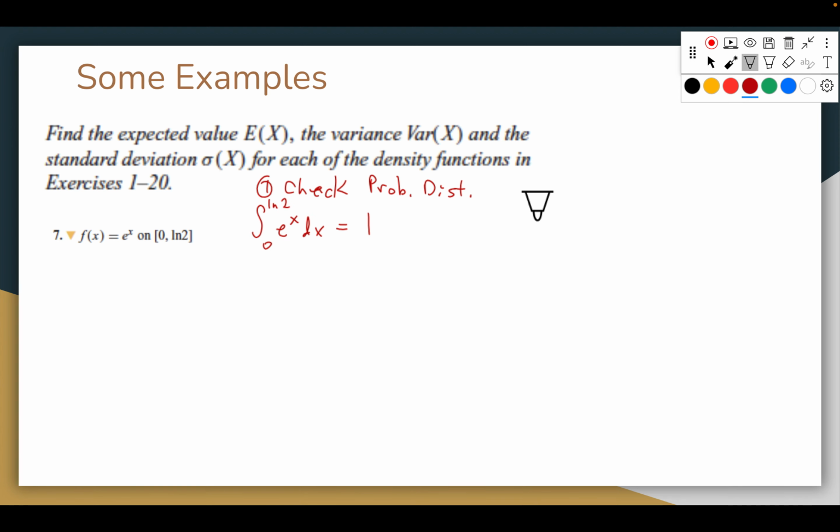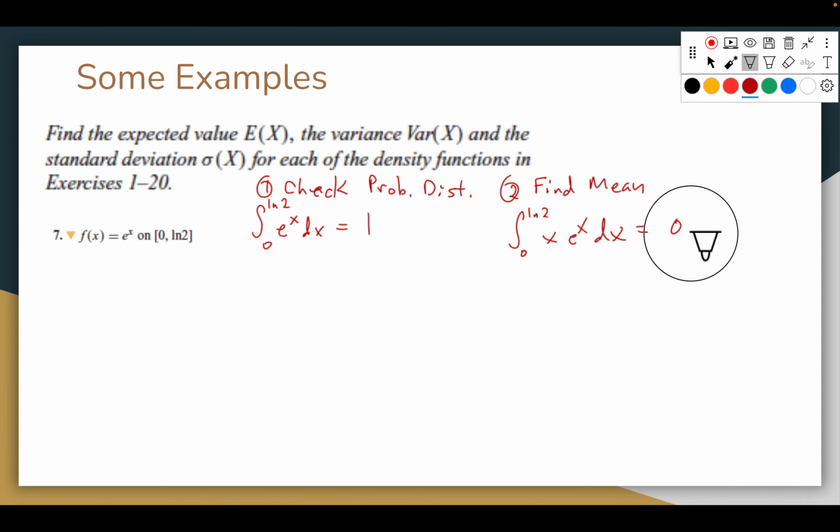You don't have to do that, but here's what we do: find the mean. Integrate from 0 to natural log of 2, x e to the x dx. And when we do that, we got 0.3862. That's the mean. Now, they also want us to find the variance and the standard deviation.